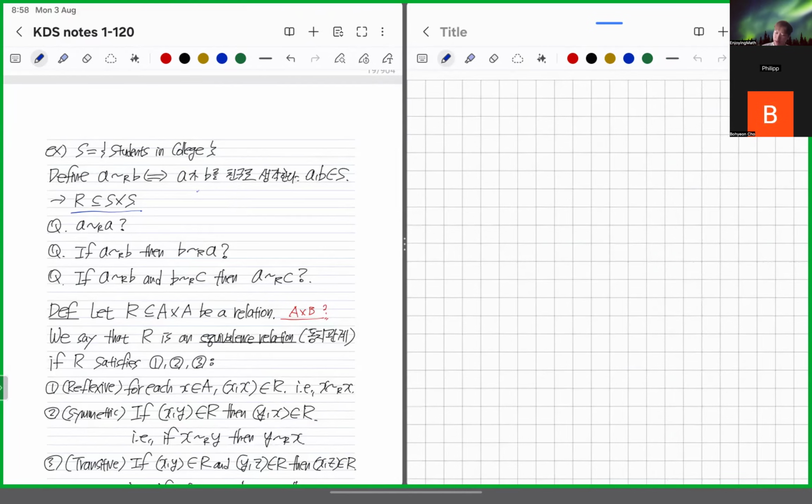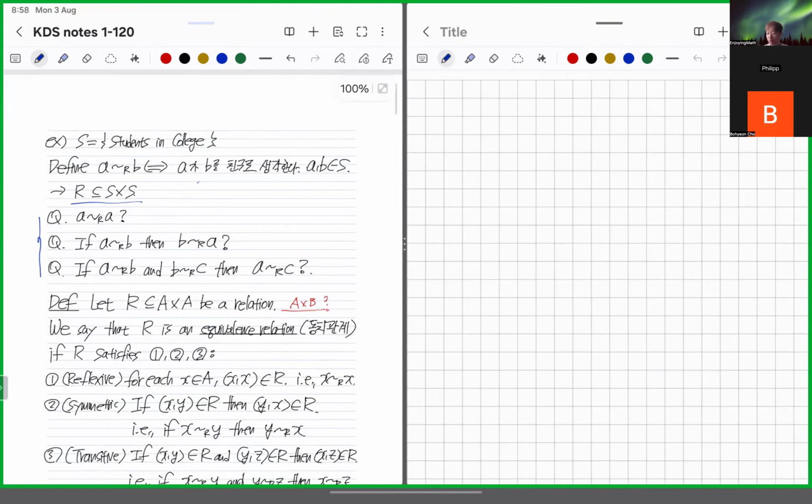I don't think so, because here we just use relation. A relation A is reflexive, and if A relation B, then B relation A is symmetry. And third, we only use relation, and when these three properties of relation are combined, we call it an equivalence relation.